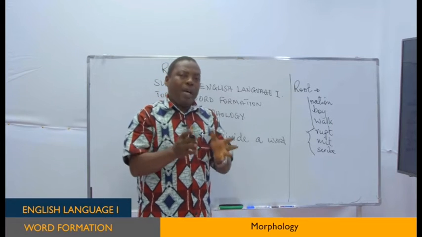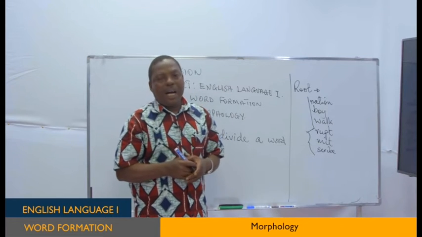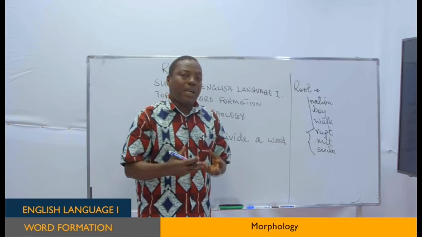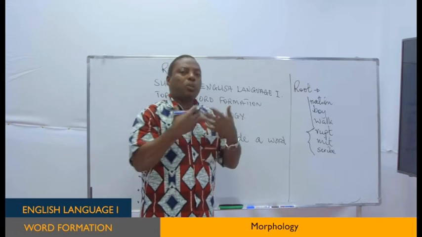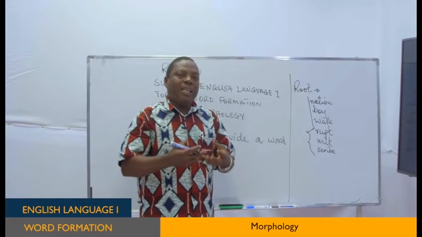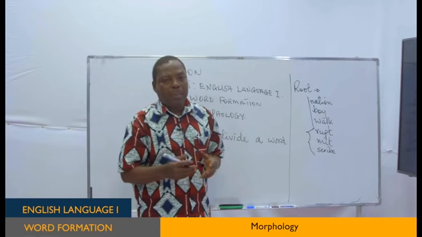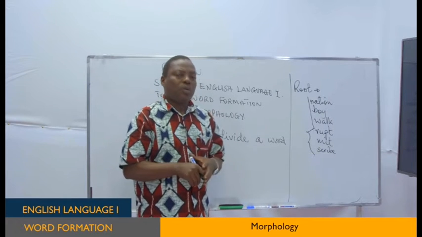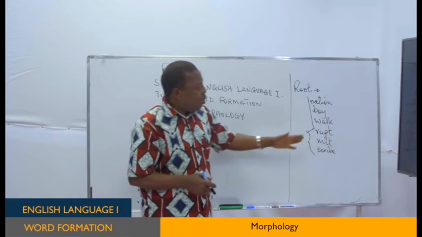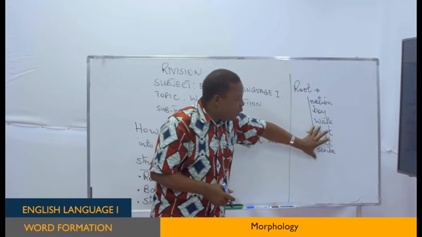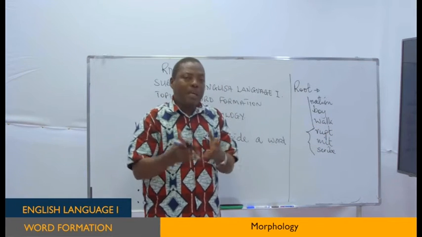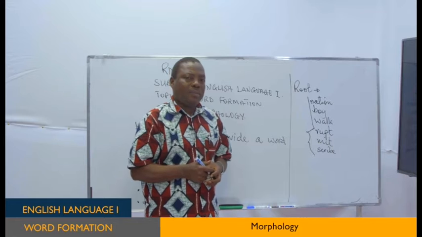So whether it's a word or part of a word, as long as it carries the meaning of what is supposed to be presented, or as long as it carries the basic part of a word from which other words can be built up, then that becomes a root. We call these roots because it is part of a word which seems to be shared by different other words.